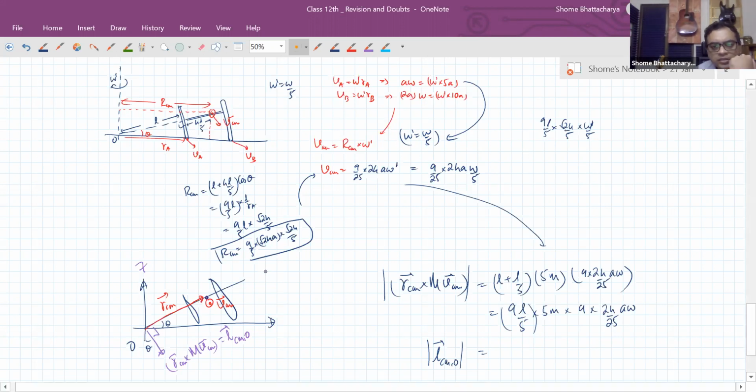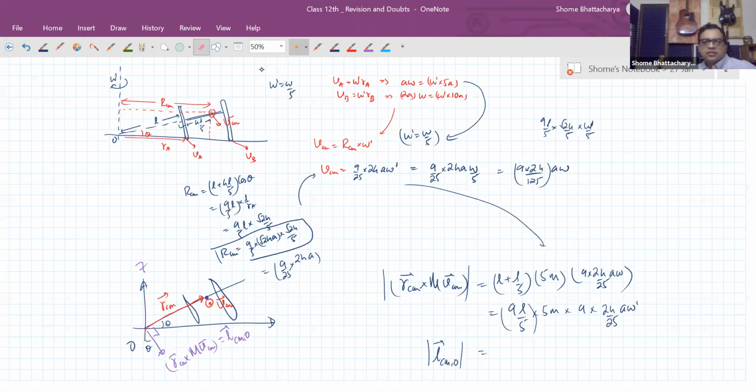So this RCM here is 9 by 25 into 24A. So that into omega prime becomes 9 into 24 by 125 A omega. This is omega prime, but if you substitute it as omega, you also have another 5 in the denominator, so omega prime becomes omega by 5.